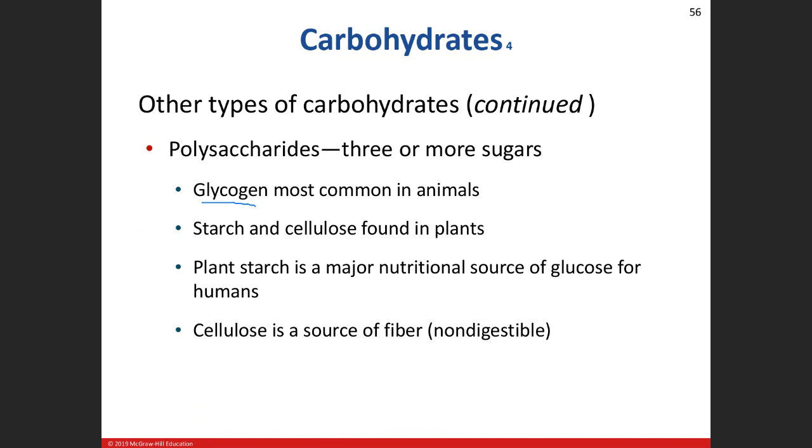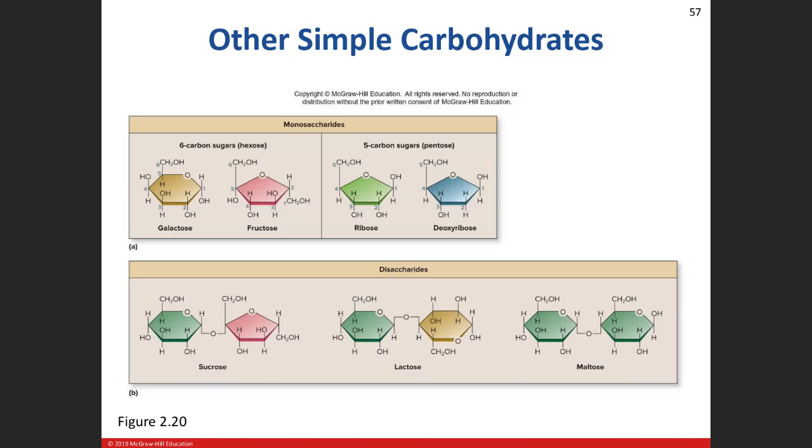Starch is another example that we see in potatoes, huge for us. Cellulose, we see in plants, but unfortunately we can't digest it very well, and so it makes an excellent source of fiber, which is a non-digestible structure, and it helps to clean us out.